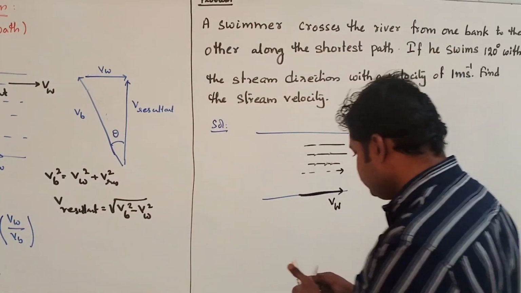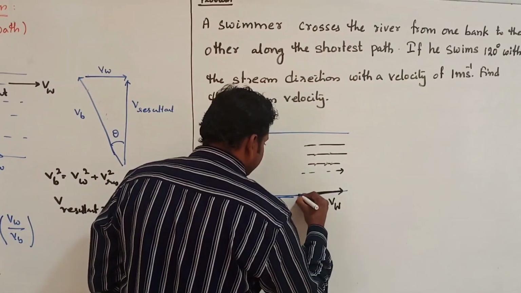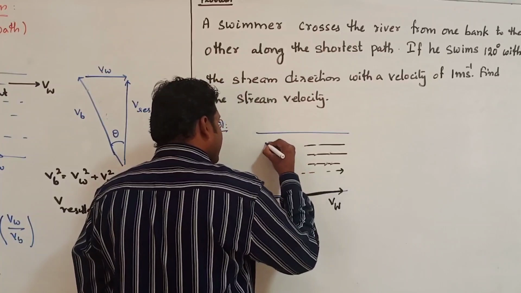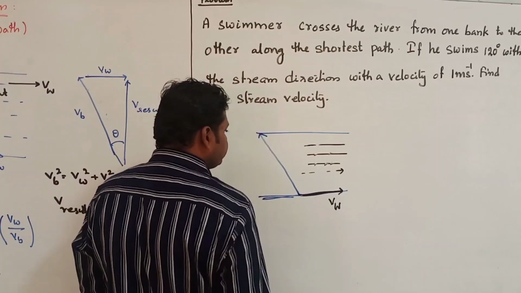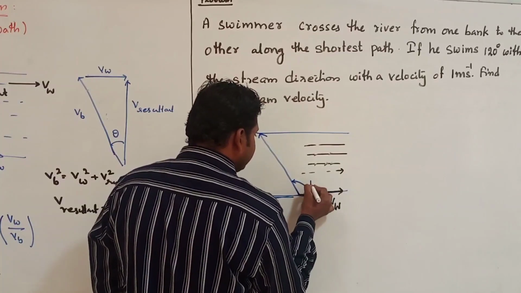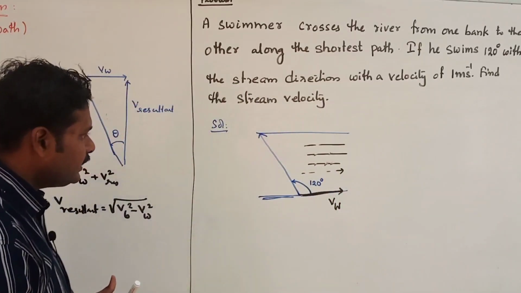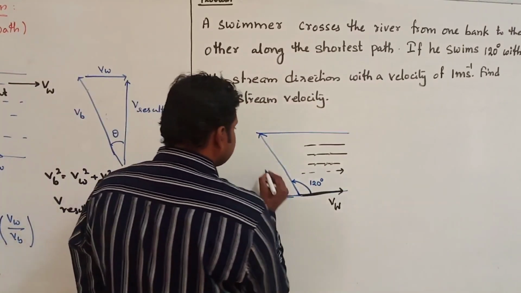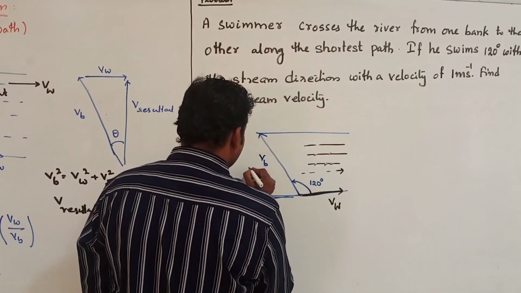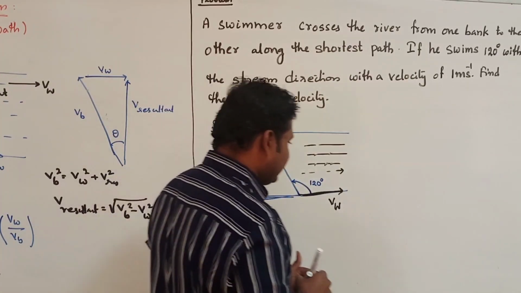Now the boat starts to move from here like this, making 120 degrees here. Now this is the velocity of the boat, 1 meter per second.